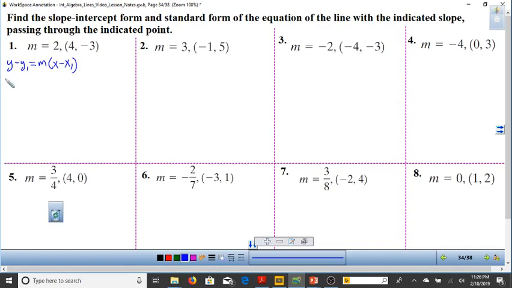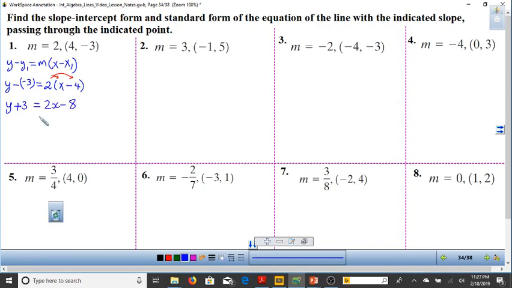Then you substitute: y - (-3) = 2(x - 4). You distribute the parentheses and simplify. We get y + 3 = 2x - 8.